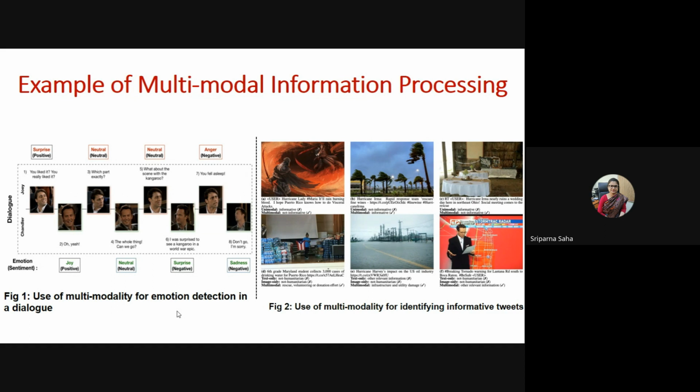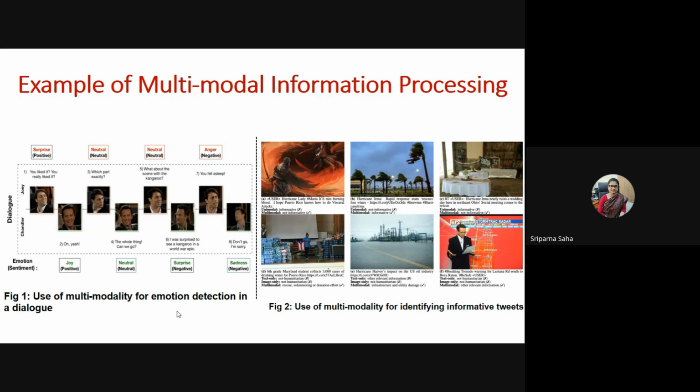So this is basically called sentiment and emotion recognition from a dialogue. So two speakers are conversing, and we are detecting the sentiment and emotion of the particular speaker from a particular dialogue. So the other task is basically the summarization.